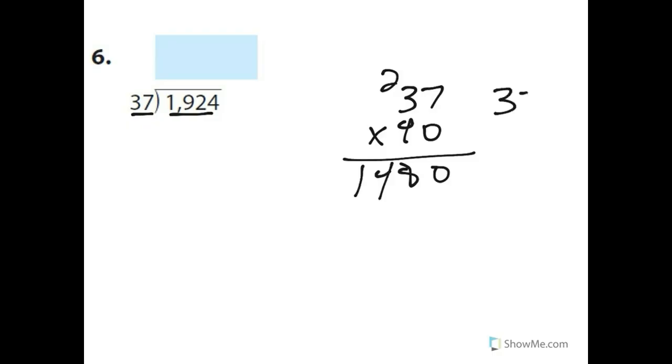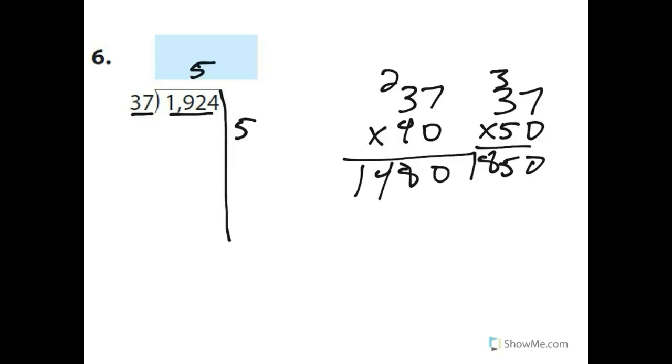So 37 times 50. Do you see how I'm estimating and trying to get close to the quotient that I need? So 0, 5 times 7 is 35. 5 times 3 is 15, plus 3 is 18. Oh, we could do that. See, I should have done 50 at first. So we get 50 here. Or, look, I could put 50 here. I think I'm going to do that just to show you the partial quotients over here that we add.